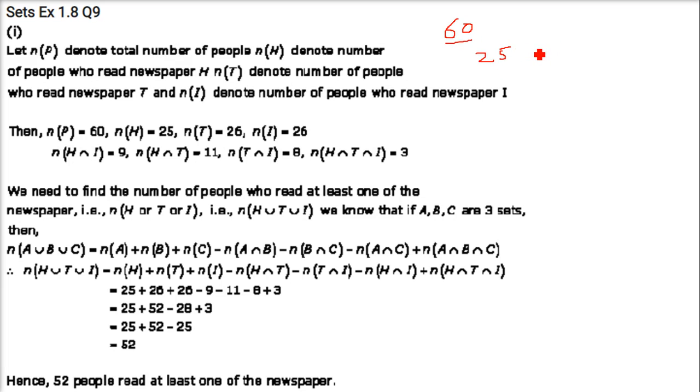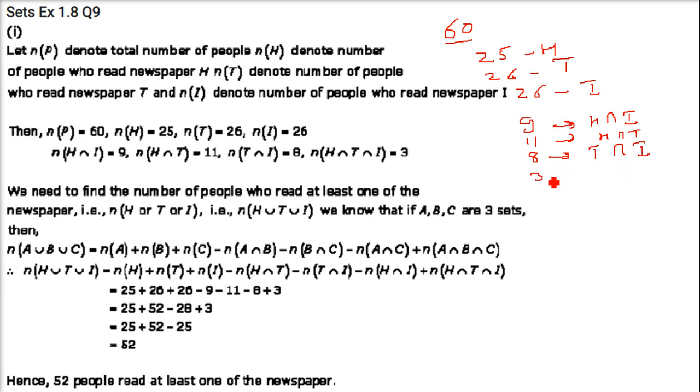It was found that 25 people read newspaper H, 26 read newspaper T, 26 read newspaper I, 9 read both H and I, and 11 read both H and T, H intersection T, and 8 read both T and I. 3 read all newspapers. So H intersection T intersection I is 3.